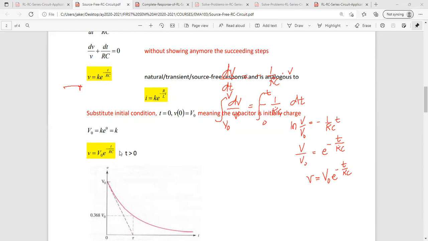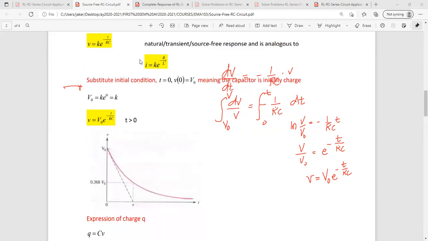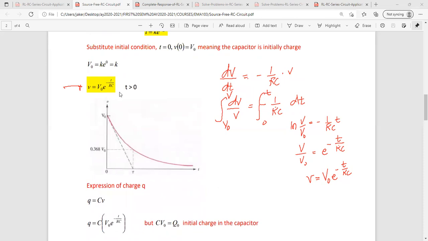And your exponential function differs in the argument that you could see. Here you have negative R over L; here, negative 1 over RC. You follow? This one is for the source-free RL circuit, solving for the current. This one is for the source-free RC circuit, solving for the voltage across it.